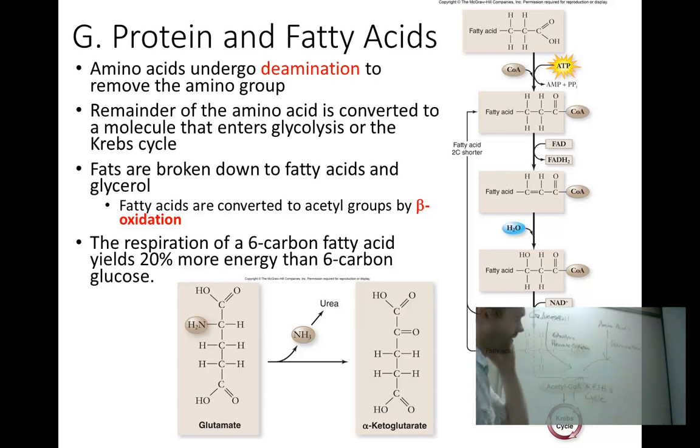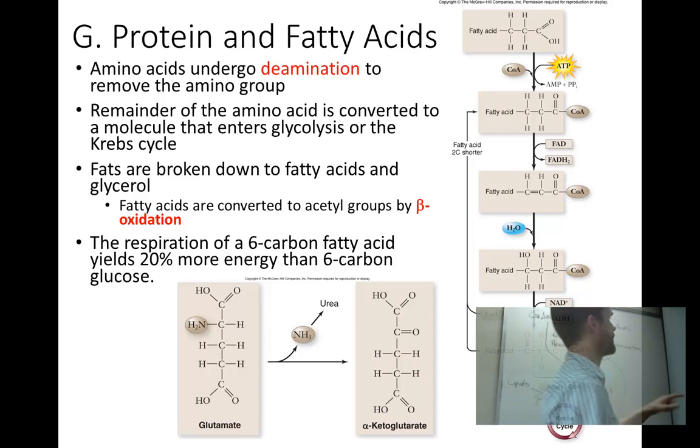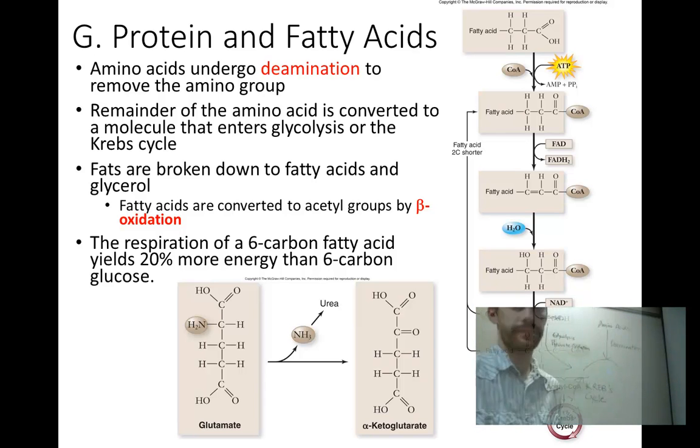If we want to use lipids or fats, they have to go through beta oxidation. That weird-looking B on there is not a B. It's the Greek letter beta.